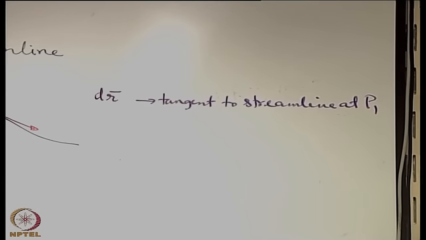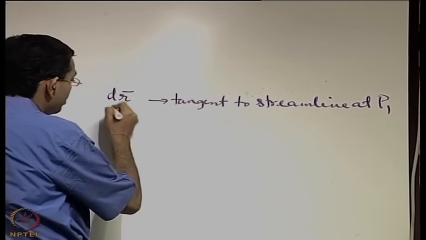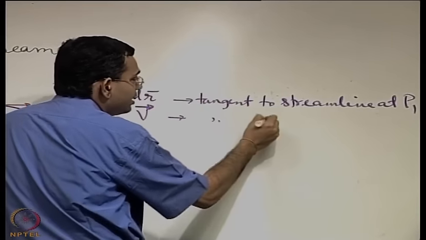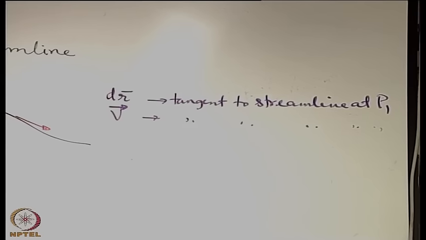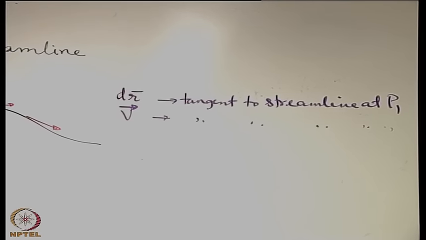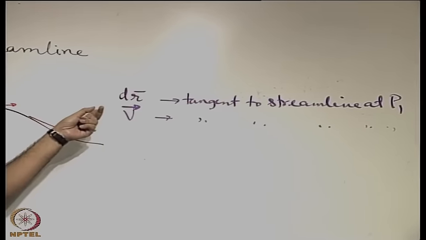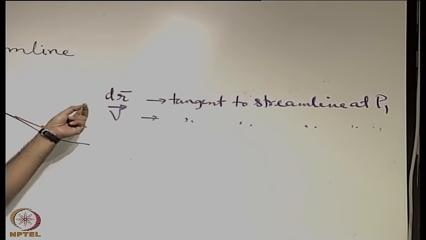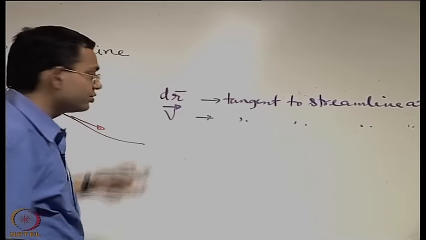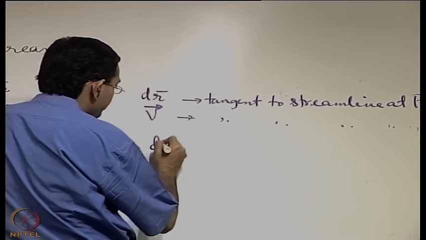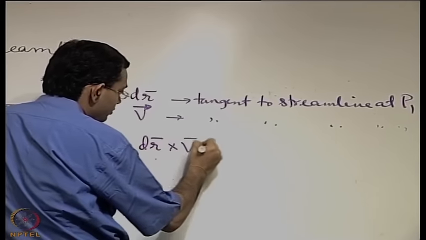By definition, V is also tangent to the streamline at P1, that is the definition of the streamline. That means these two are parallel vectors. If these two are parallel vectors, their cross product should be a null vector. So you have dr cross V is a null vector.